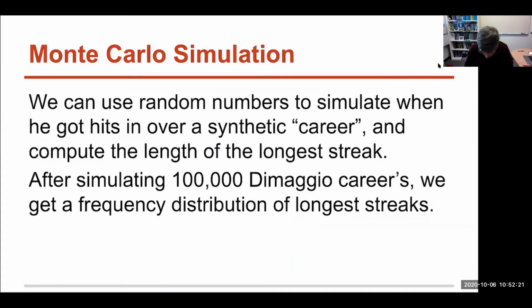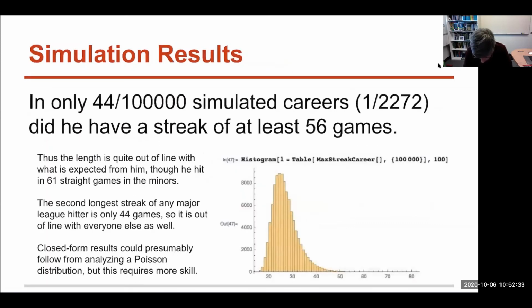But the way I found out how unusual this is, was I used random numbers to simulate careers and saw how likely it was to observe, in fake DiMaggio careers, a hitting streak as long as 56. And again, it was incredibly unusual.